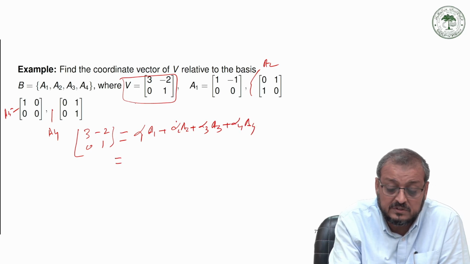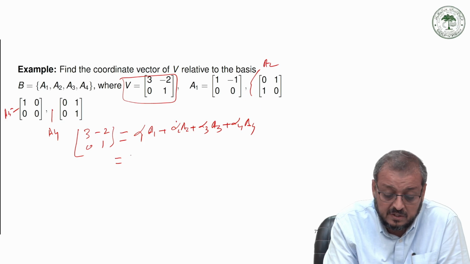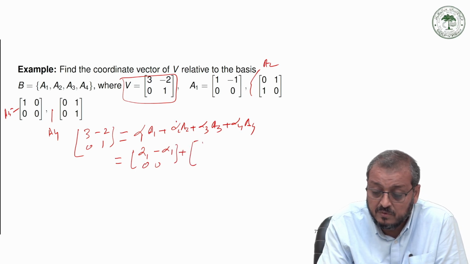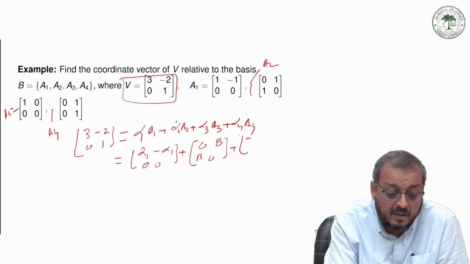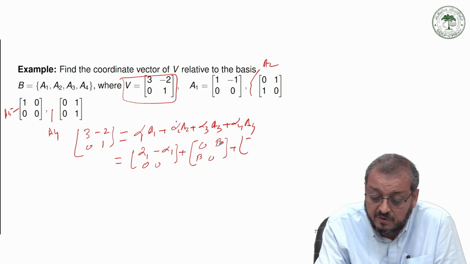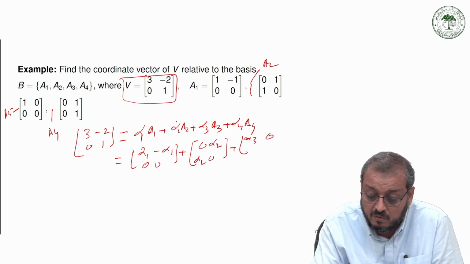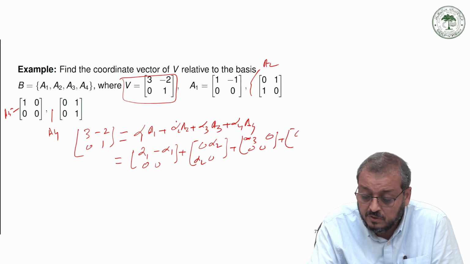And now we just have to check that this can be written in this form: alpha 1 times minus 1 0 0, then the second one with alpha 2, sorry, this is not beta, this is alpha 2, and then alpha 3 times 0 0 0, and the last one is alpha 4, so 0 alpha 4 0 alpha 4.